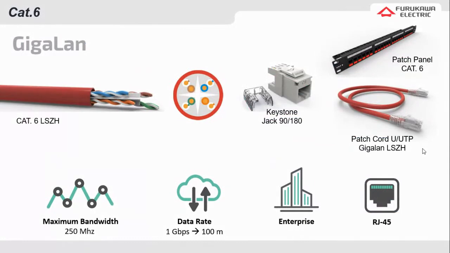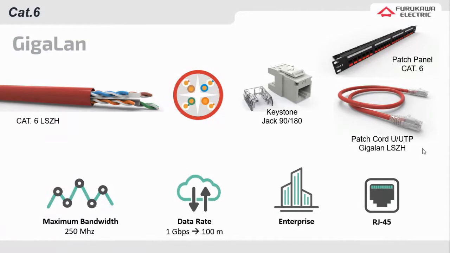All right, so we're now going to focus on CAT.6 and CAT.6A because these are the ones that we promote and encourage you to choose should you be planning a cabling system infrastructure. We've already argued that CAT.6 is a considerable improvement on CAT.5e. Furukawa's CAT.6 solution is called GigaLAN.